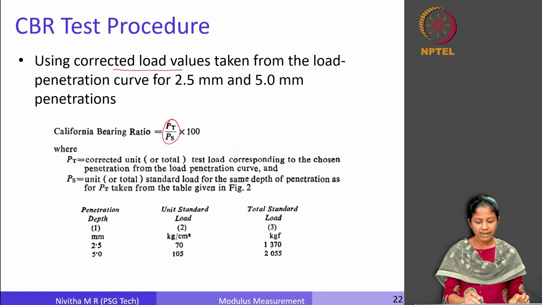So, what is this PT? It is corrected unit load or it could be total load, you can compute for any of these. It is the corrected unit load of the test load corresponding to the chosen penetration, again for 2.5 or 5 mm penetration, from the load penetration curve.